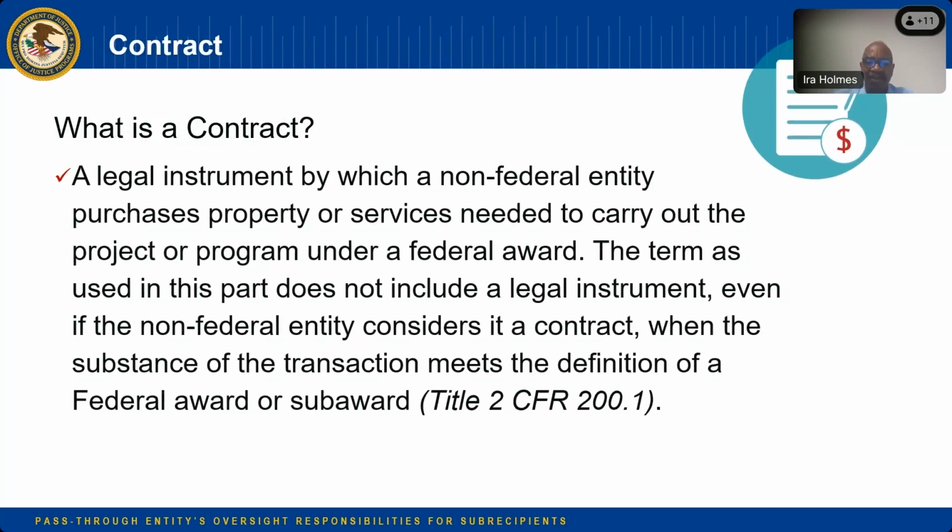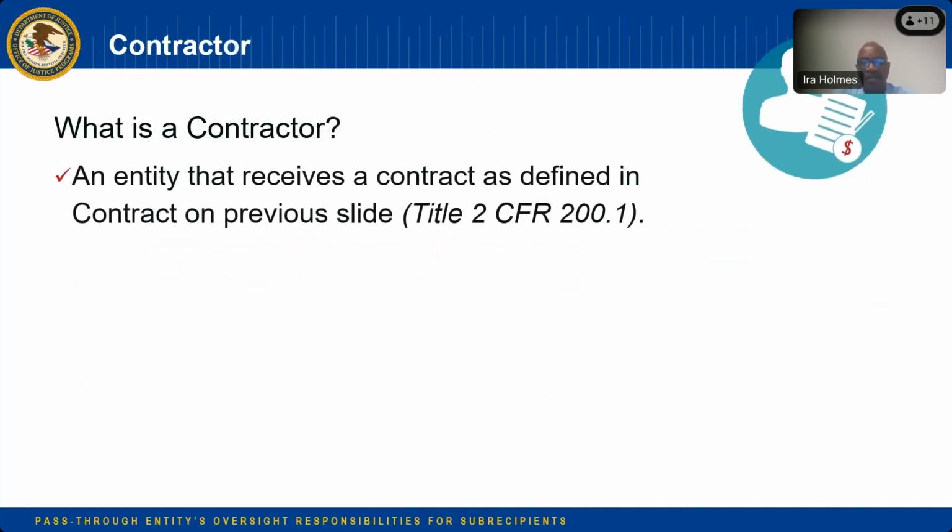A contract is a legal instrument by which a non-federal entity purchases goods or services needed to carry out the project or program under the federal award. Now, what is a contractor? A contractor is an entity that receives a contract as defined on the previous slide. So once again, I'm going to point to the Uniform Guidance 200.1.